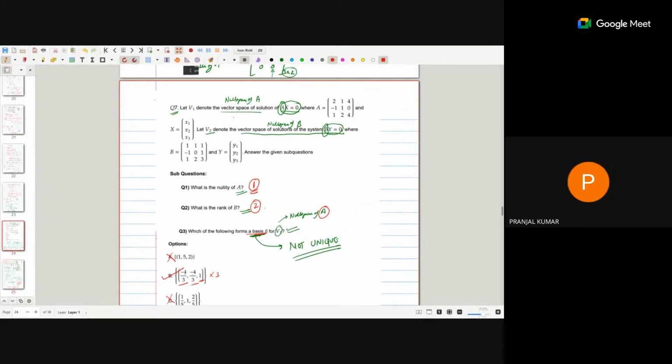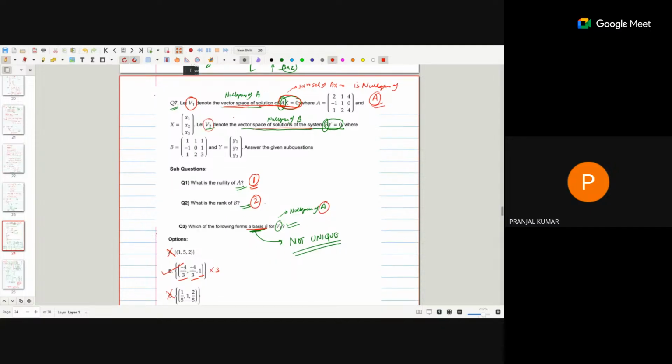See, it is saying the vector space of solutions of Ax equals 0. The solution set of Ax equals 0 is the null space of that matrix A. So it is indirectly the null space of A. So basically you have to find the null space of A to find V1, and you have to find the null space of B to find V2. Are you getting this?